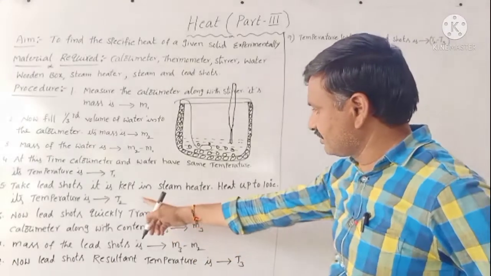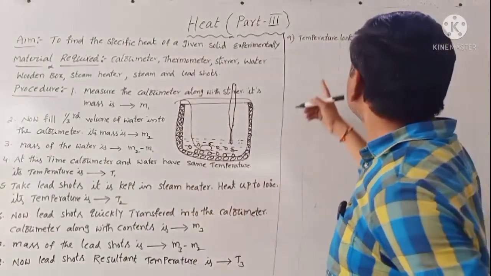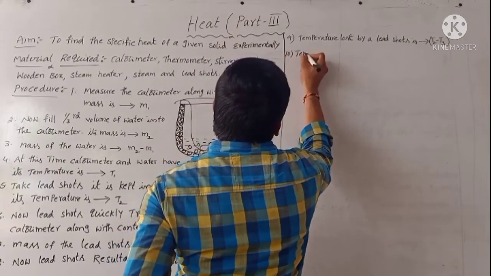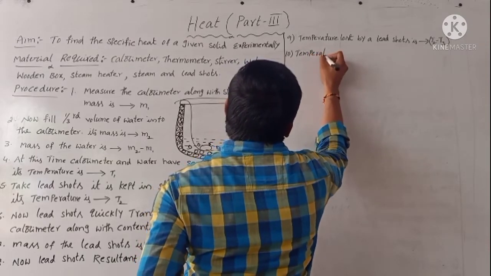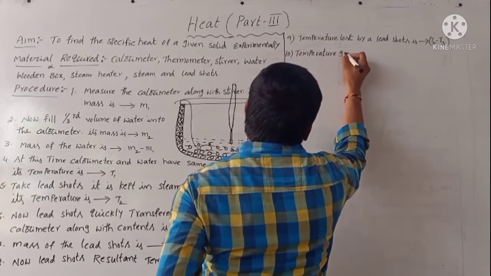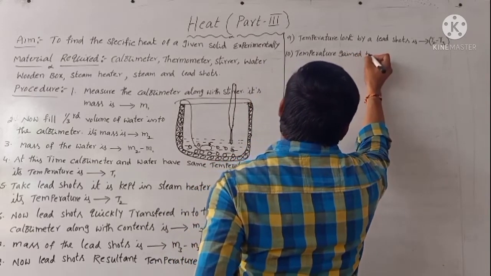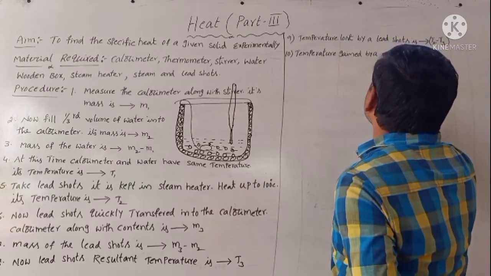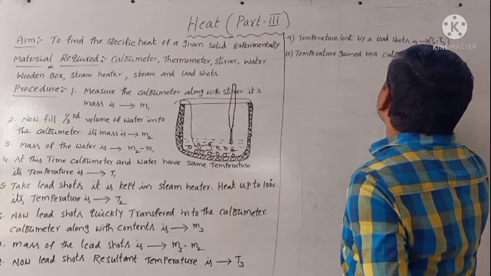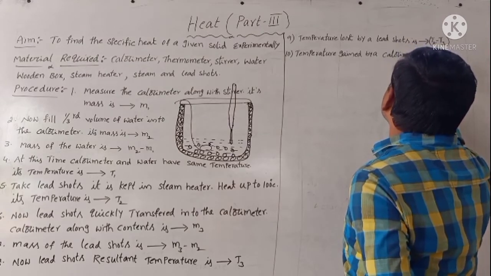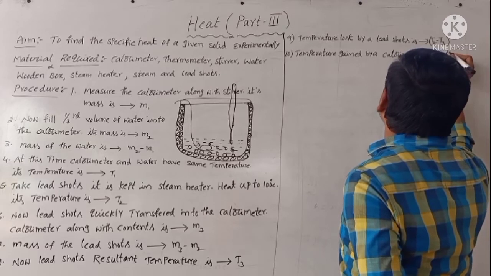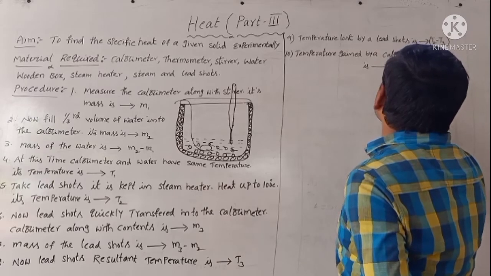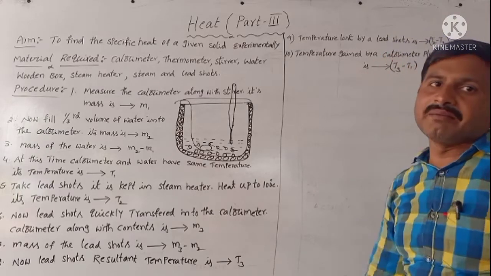T2 is the maximum temperature and T3 is the minimum temperature, so heat is lost from the hotter body to the colder body. After that, the temperature gained by the calorimeter plus water is T3 minus T1. T3 minus T1. You understand this?